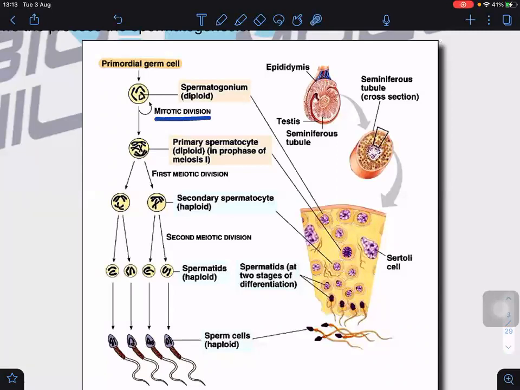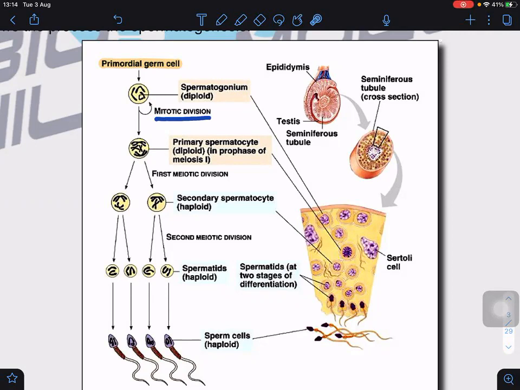You can see that this is the basement membrane. Those cells that are still attached to the basement membrane are termed spermatogonium. So these cells will continue to carry out mitosis to make many spermatogonia.